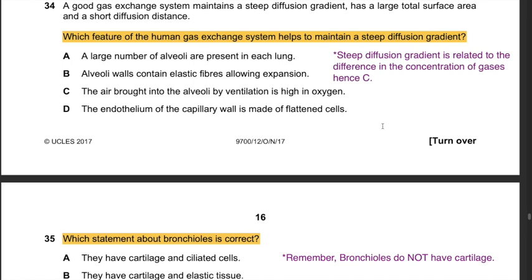So in this kind of question, look out for the word ventilation, and if you see an answer which is regarding ventilation, then that is the correct feature. The feature that helps to maintain a steep diffusion gradient is concerned with the difference in concentration of gases, and that is only brought about by ventilation. Hence the answer is C. Answers A, B and D do not talk about ventilation or concentration gas difference.